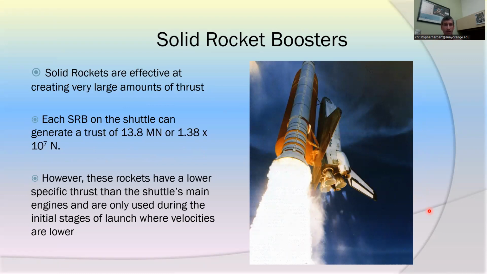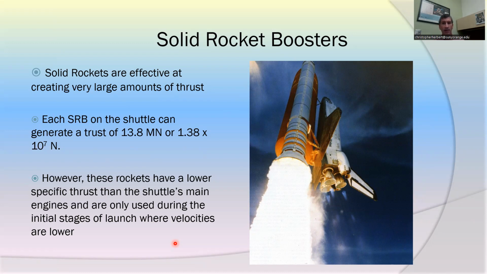Solid rockets on the boosters: incredible amounts of thrust, 13.8 million newtons of thrust on takeoff for the Space Shuttle's boosters when they used them. For Artemis, I think it's a little bit more than that, maybe 15 million newtons. But again, we use these for just the initial phase, when the rocket actually has a fairly small velocity.